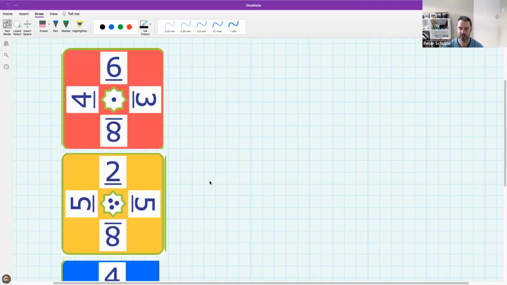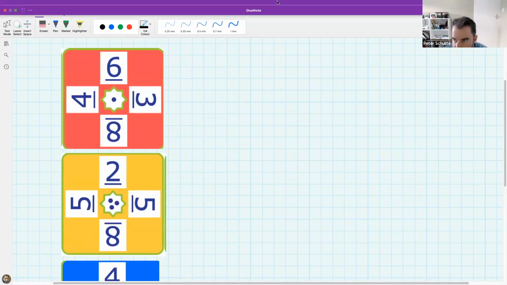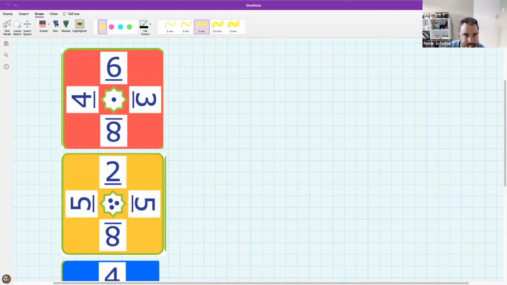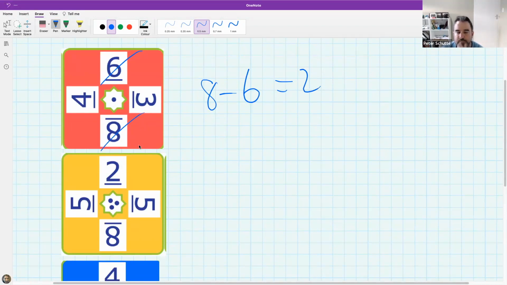Who feels like they've got one of these two cards? Okay, so 8 minus 6, Colin, 8 minus 6 gives you 2. So you've used the 6 and the 8. What else do I have to do still to get to 24?